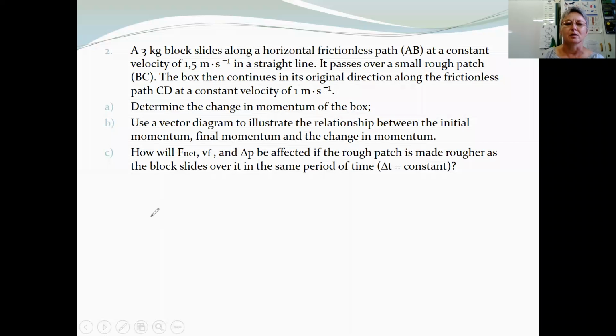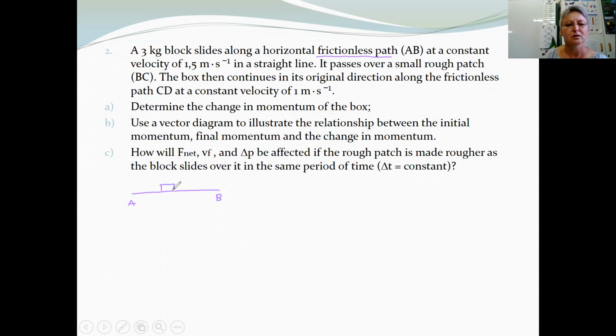A 3 kilogram block slides along a horizontal frictionless path AB at a constant velocity of 1.5 meters per second. So here I'm going to represent the AB part, which is frictionless.